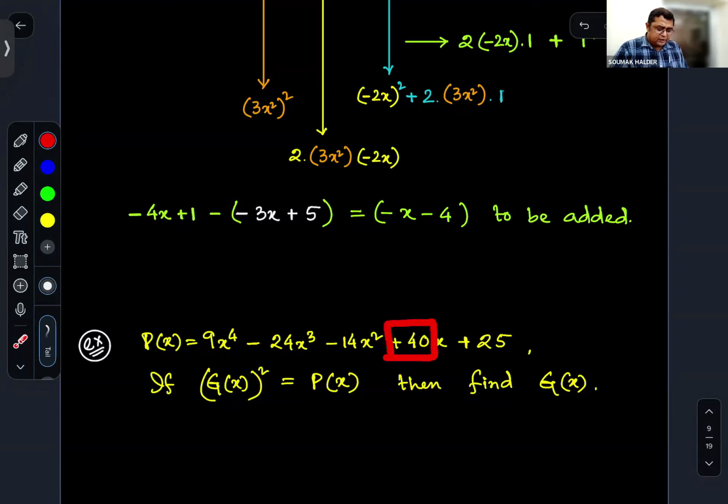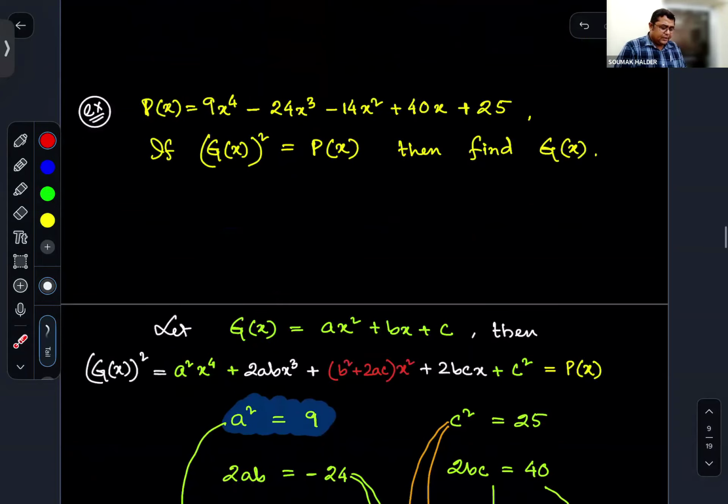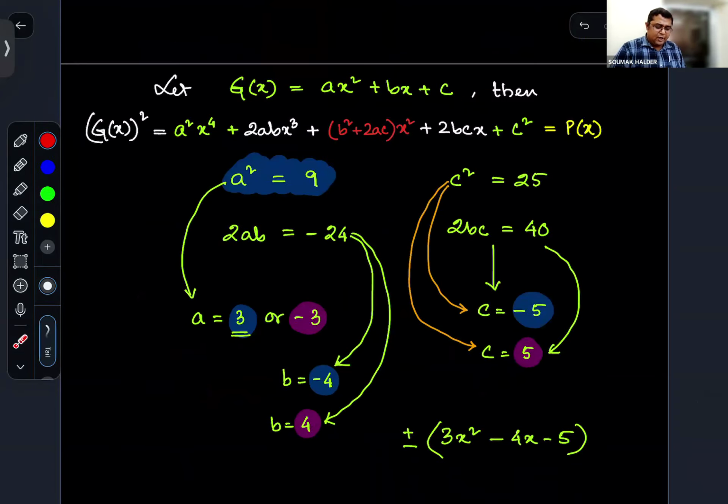তারপরে টার্গেট এই টার্মটা, that was supposed to be 2bc, that is multiplication of the degree 1 term of the variable and the constant term, and it's showing a positive coefficient, so the coefficient of degree 1 and the constant term are of the same sign. Okay, you can go through this reference. So if g of x is some ax square plus bx plus c, so we have a square 9, 2ab minus 24, so a 3 is connected with b minus 4, or a minus 3 connected with b plus 4.